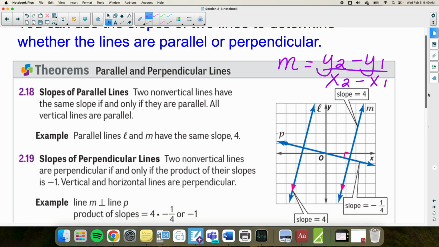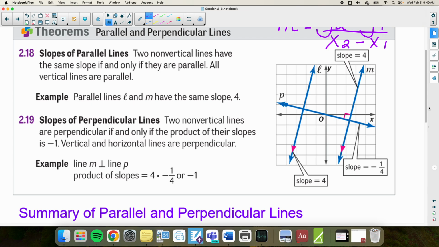What's going to happen today is they're going to give you 2 points for one line and 2 points for another line, and you're going to find the slope of these two, find the slope of these two, and then say whether those two lines are parallel, perpendicular, or neither.